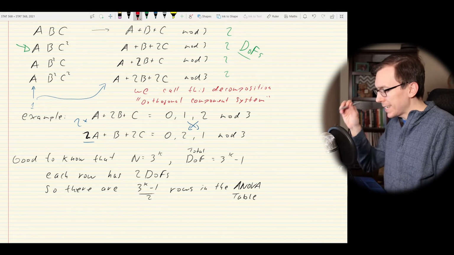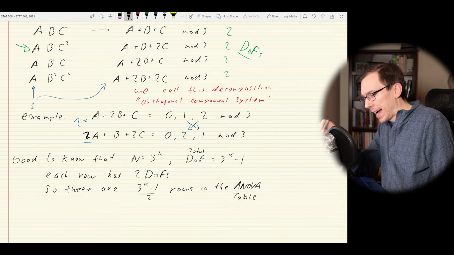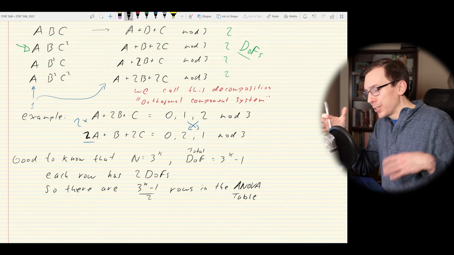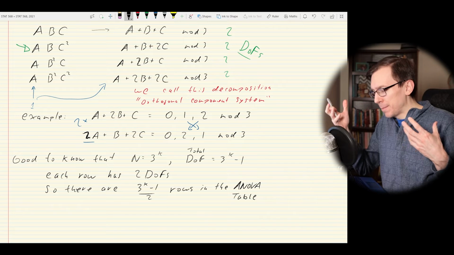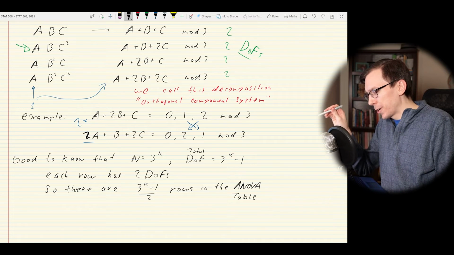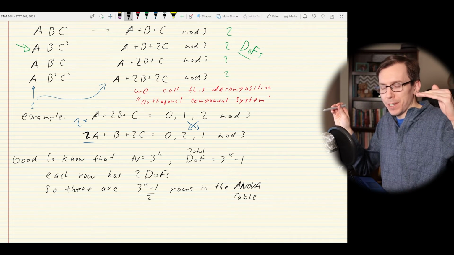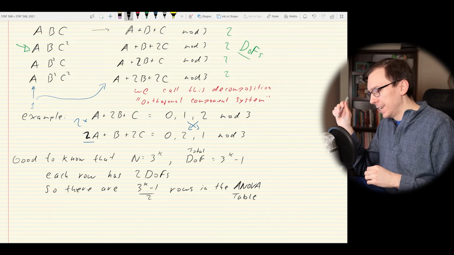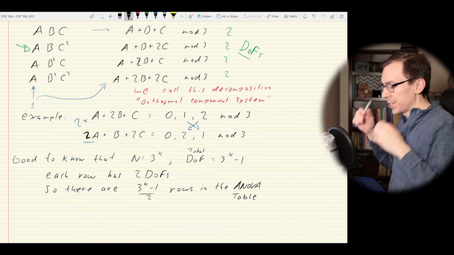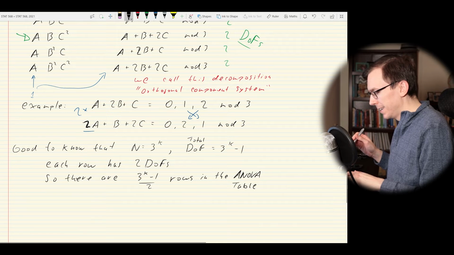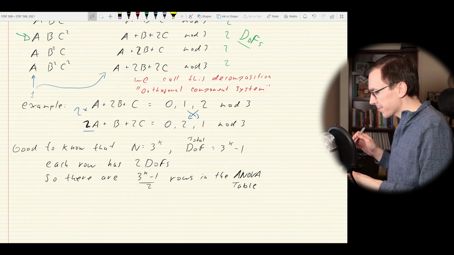Again, it's not always easy to interpret these interactions, but it's good to know that this is how you decompose all of the terms into individual 2 degree of freedom interactions. That is, you decompose big interactions into specific interactions.